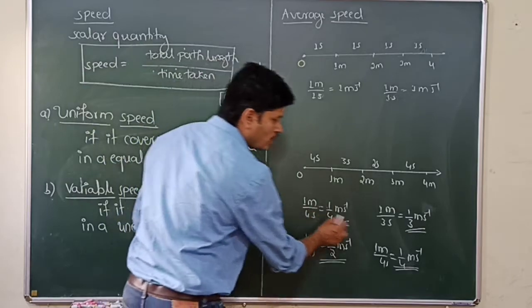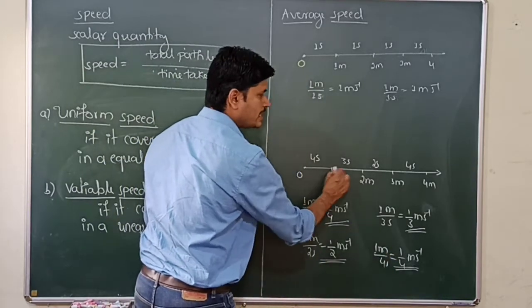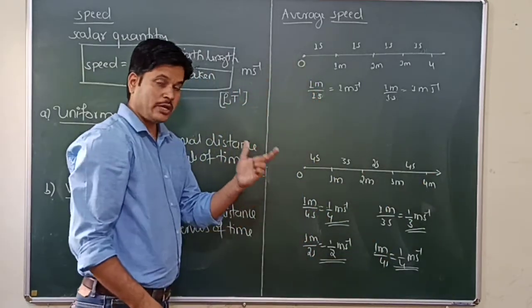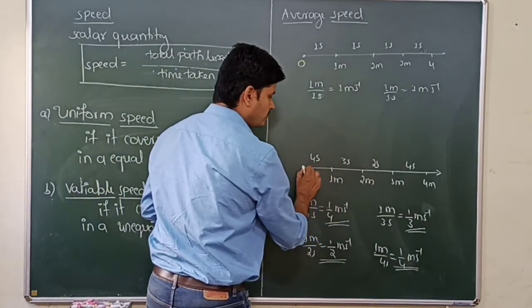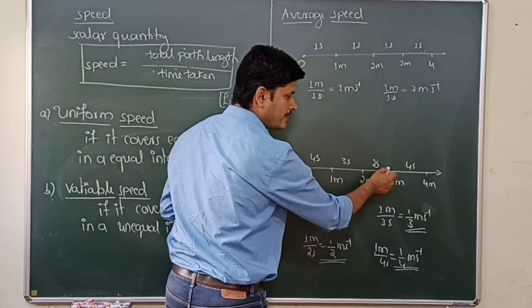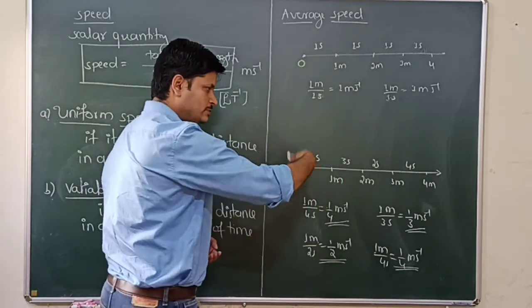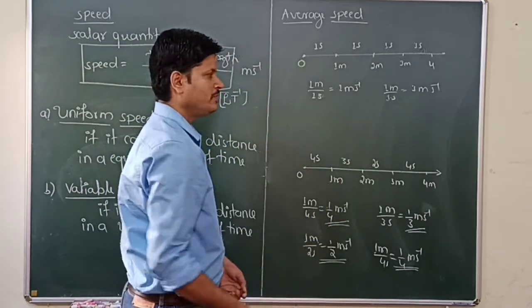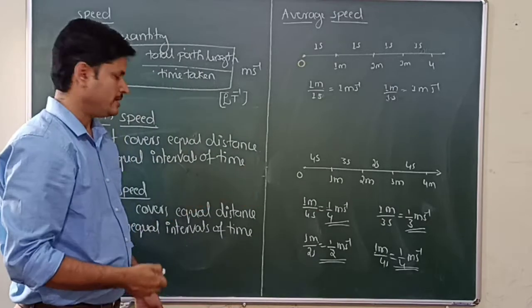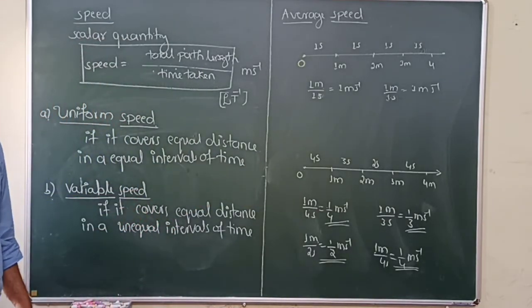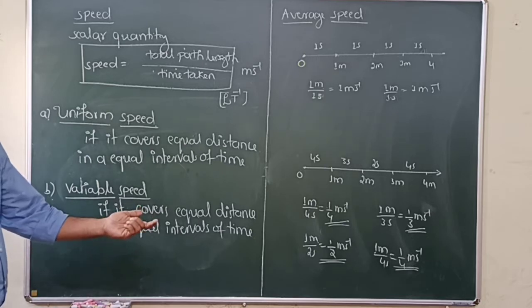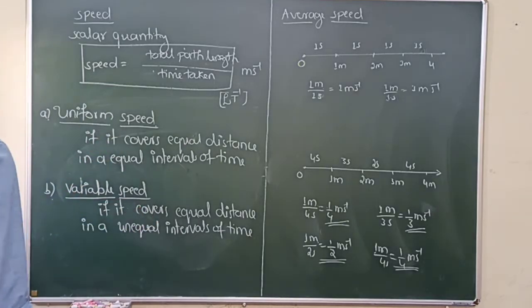Correct? The first meter and the last meter are uniform speed, but in between, from 1 to 2, 2 to 3, like that, the speed goes on changing. That change in the speed is known as variable speed. Correct? Is it right? Note down all these points.